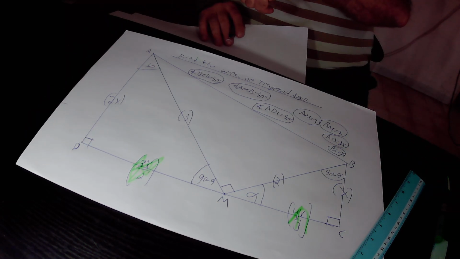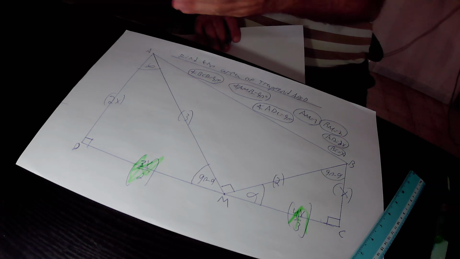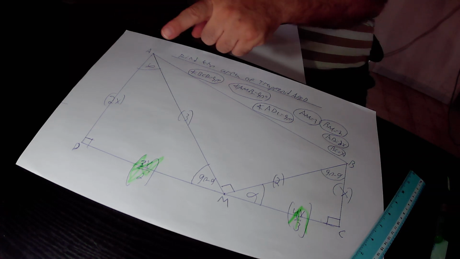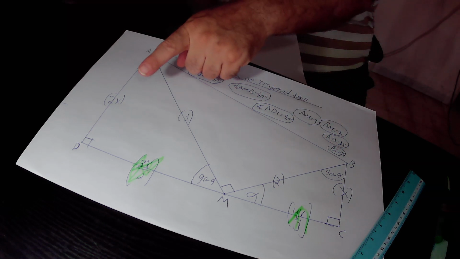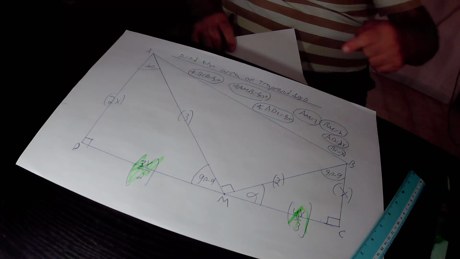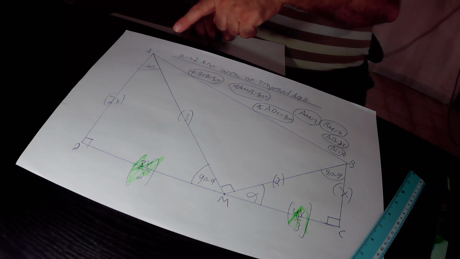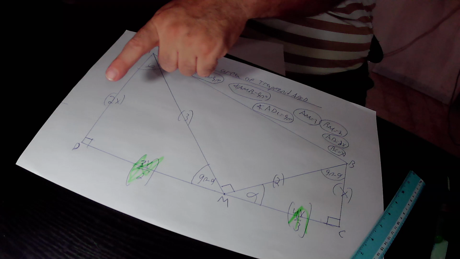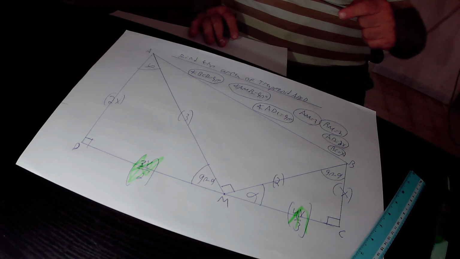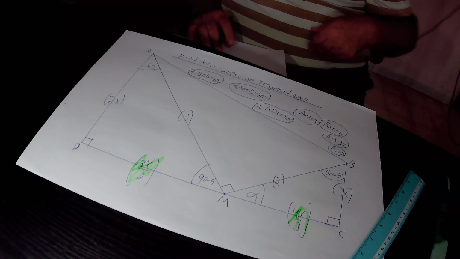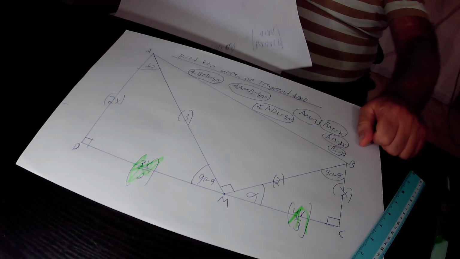Times the height over 2. The height is DC, of course. Why is DC the height? Because DC creates 90 degrees with the base AD and also creates 90 degrees with the other base BC. Therefore, the height of trapezoid ABCD is DC.